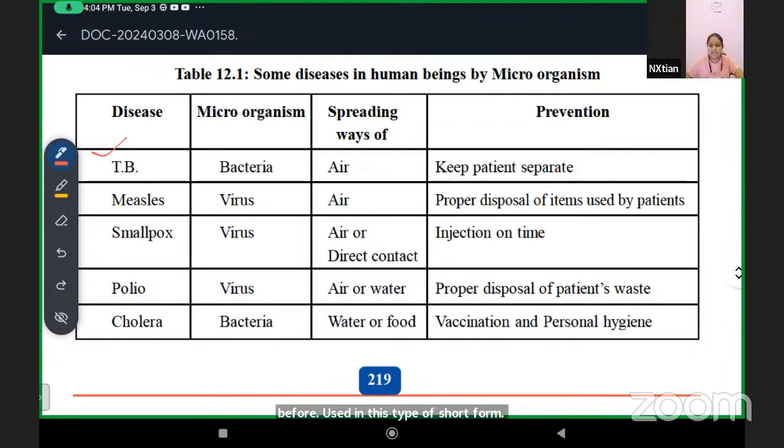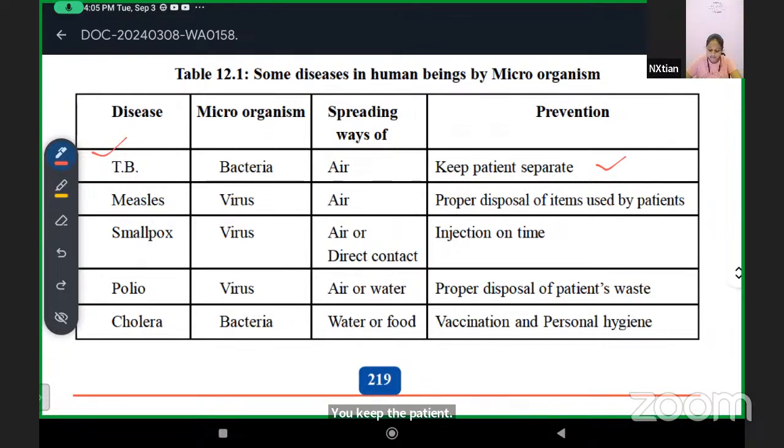Okay, mostly it's used in short form. Then prevention is to keep the patient separate. I think this is more of a cure, like after it happens, you keep the patient separate.